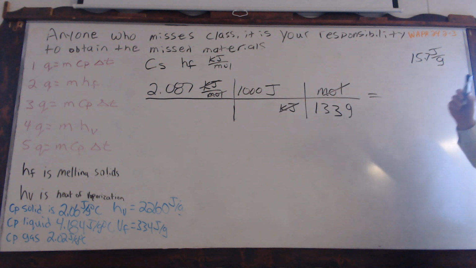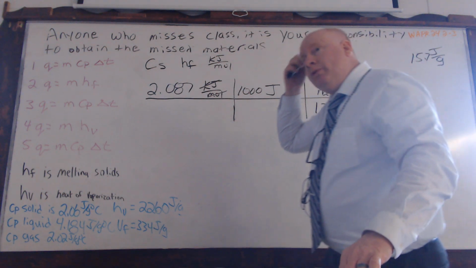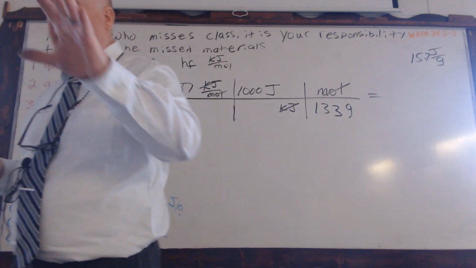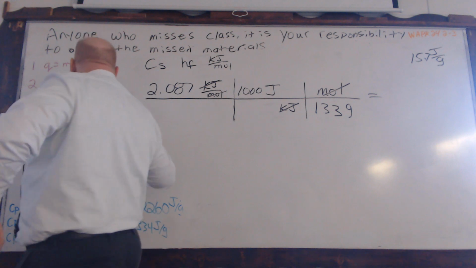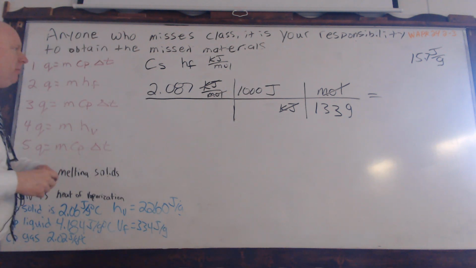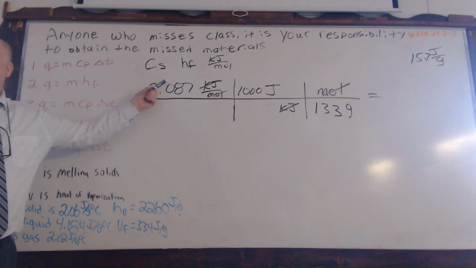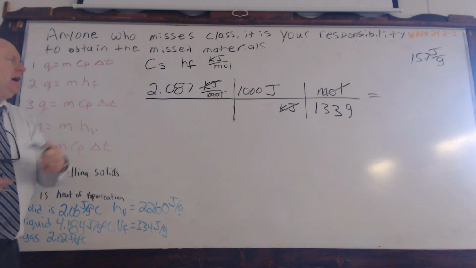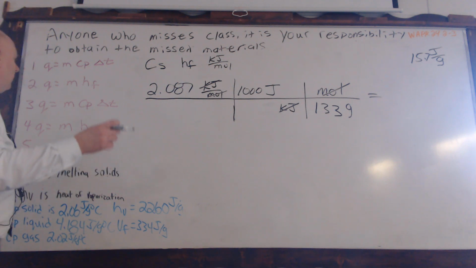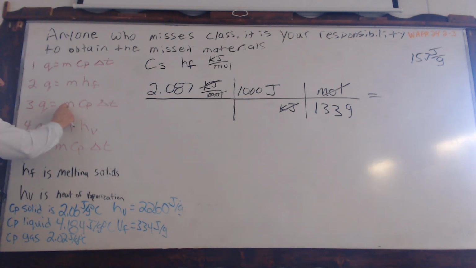So keep in mind that should you be given a story problem that has these 5 steps in here, you cannot do these problems with that. Even though this is a heat of fusion, why can't we use this? Joules over grams. Because the mass is measured in grams, not moles.